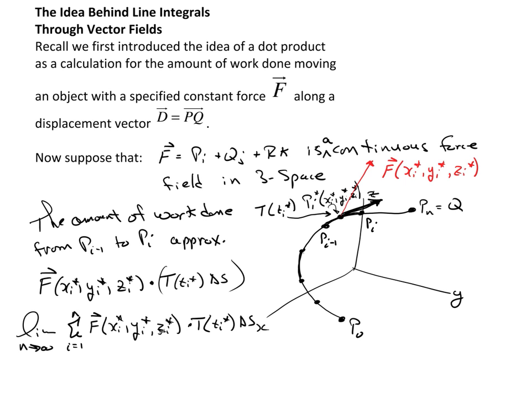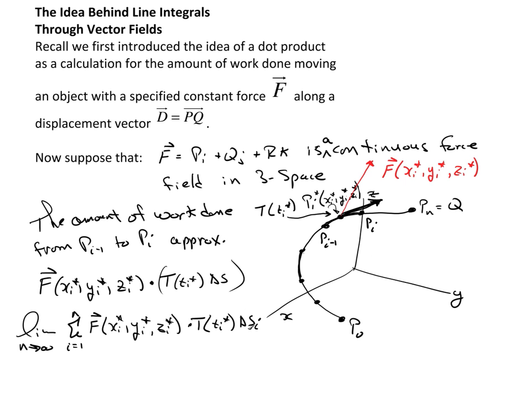So I have this dot product, which you can think of as the amount of work done with this force vector moving in this direction, and this delta s is the arc length, how far we're moving. Actually I should make that delta s a delta si.